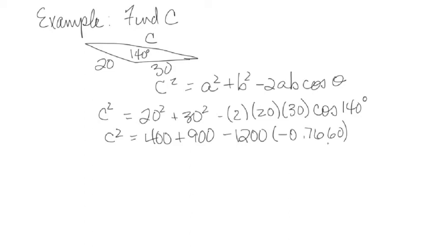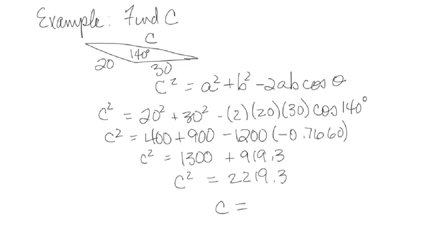You want to remember that you don't round until you get to the final answer, so use all the figures that you have in your calculator until you get to that point. Reminder, minus times a minus becomes a plus. So c squared right here is 2219.3. And the length of side C is 47.1.